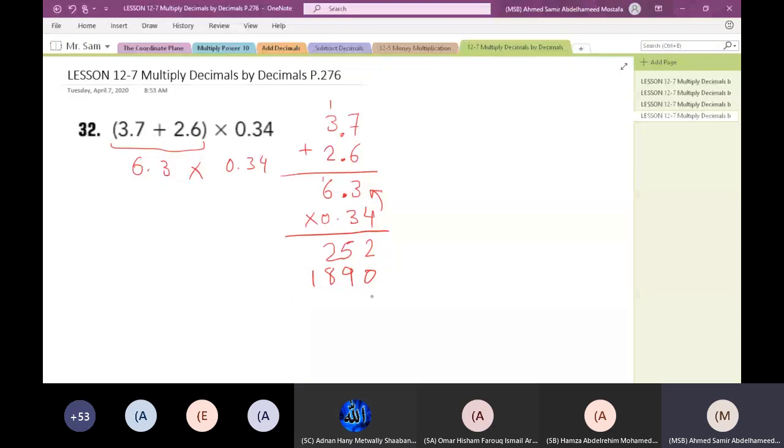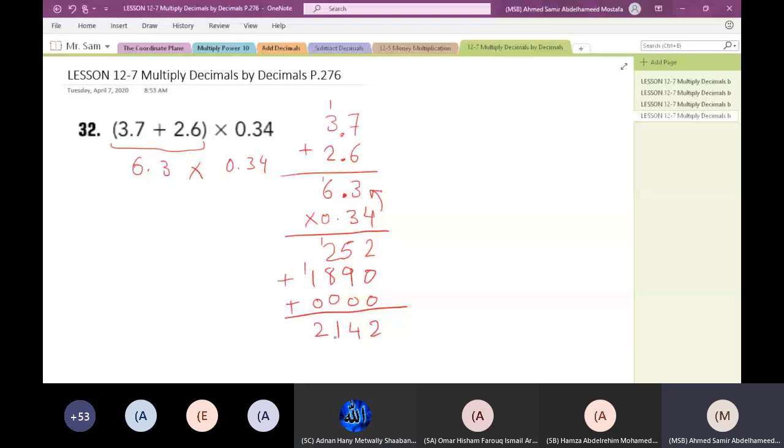Let's now add. 2 plus 0 plus 0 equals 2. 5 plus 9 equals 14. Carry 1. And 8 plus 1 is 9, then 1 plus 1 equals 2.